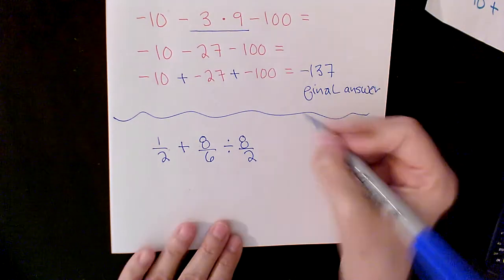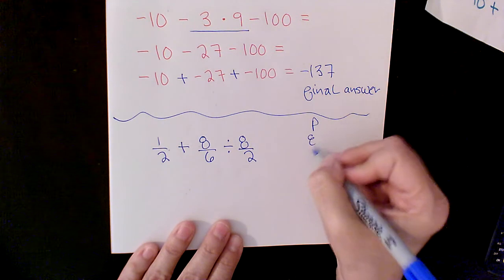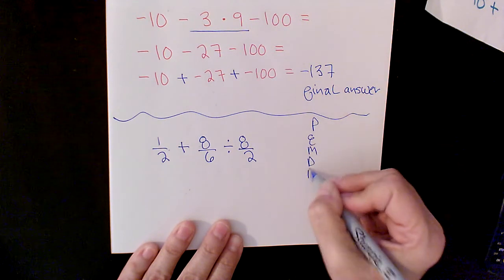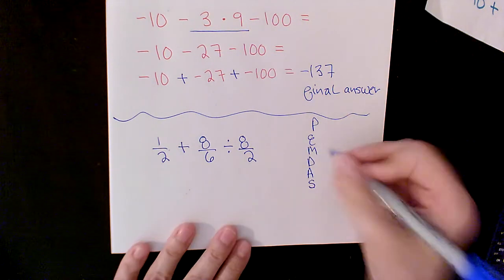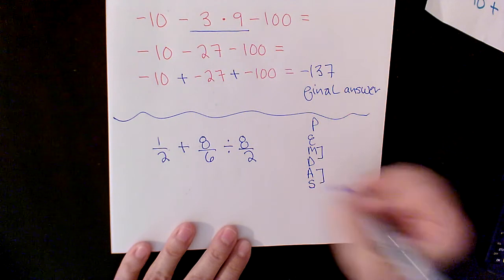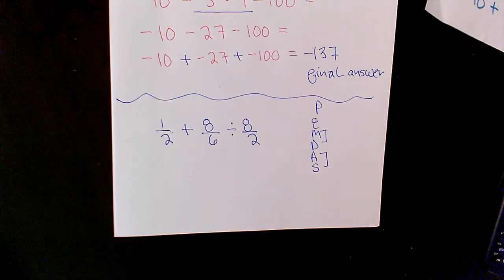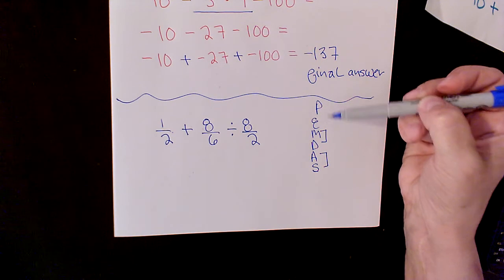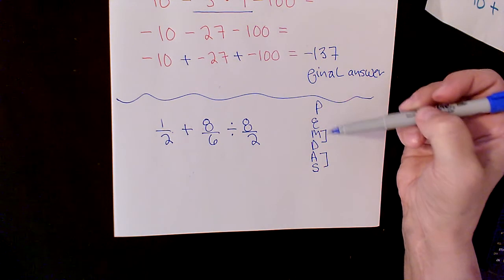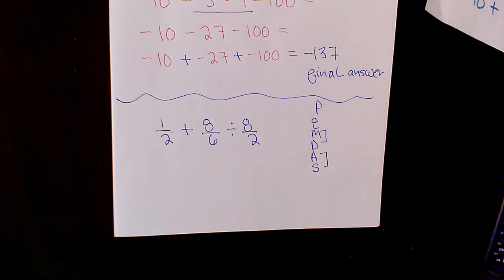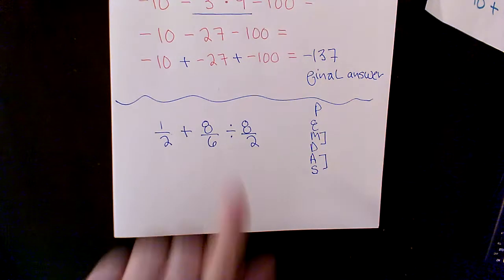Okay, we're still following the PEMDAS. What are we going to do first? We don't have parentheses, we don't have exponents, we do have multiply, divide. The only thing I see is the division.